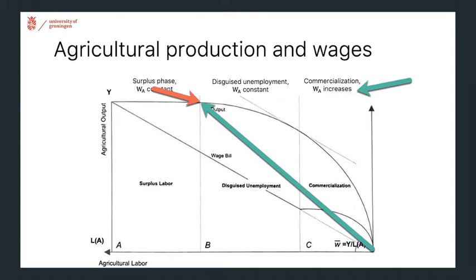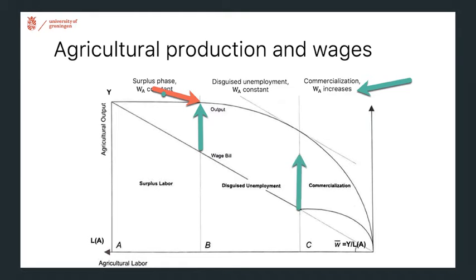But we are assuming here that this is not happening, and instead the surplus, so basically the difference between the wage bill, holding constant the average product, holding constant the wage, and the production, this area over here, we assume that is taxed away by the government. Because only if that surplus is removed from the agricultural sector can we have that agricultural wages are constant.